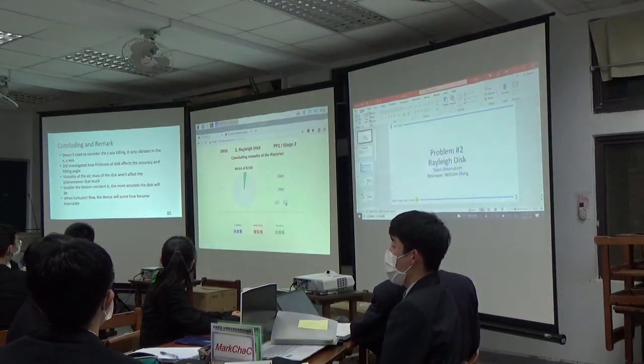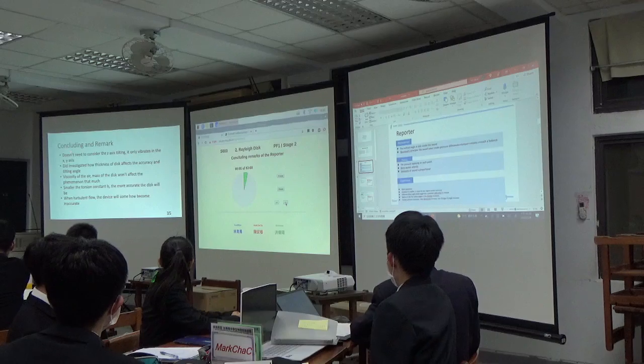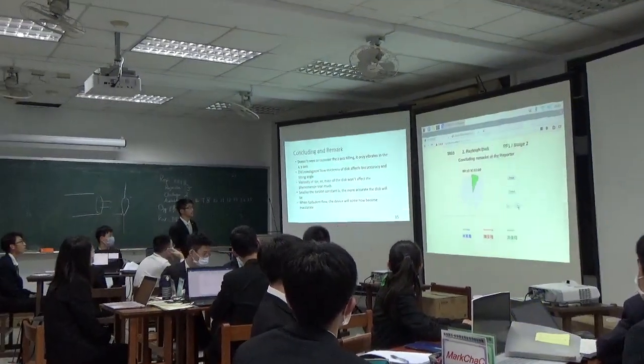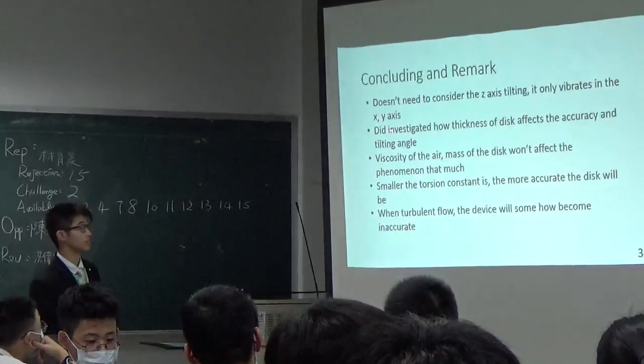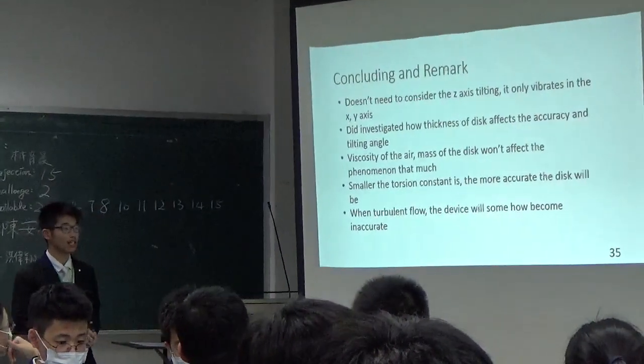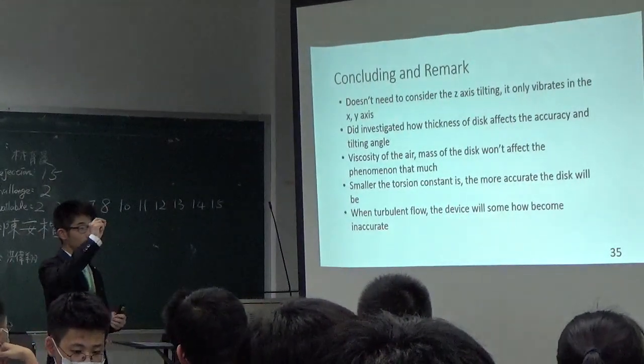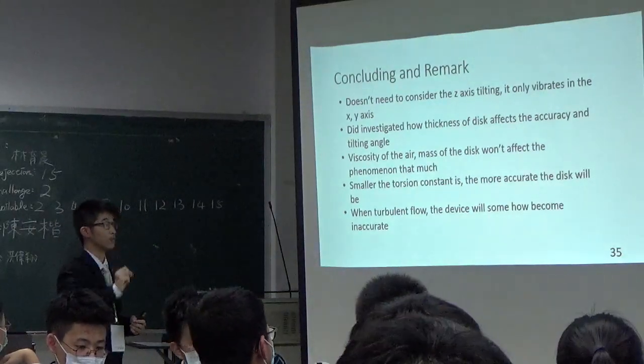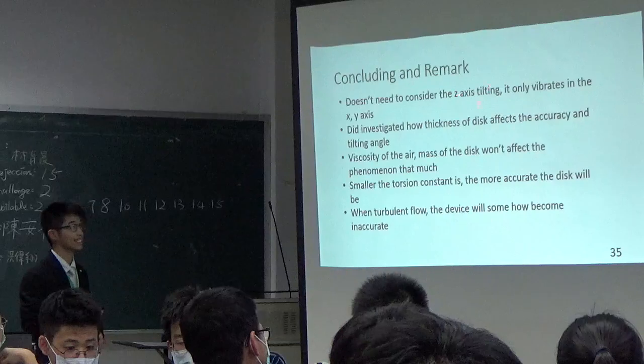And this is the concluding remark for the reporter. At first, we don't need to consider this y-axis tilting, because it only vibrates in the xy axis. This is because we suspended and fixed the disc from the top to the bottom, so it won't have the y-axis tilting.